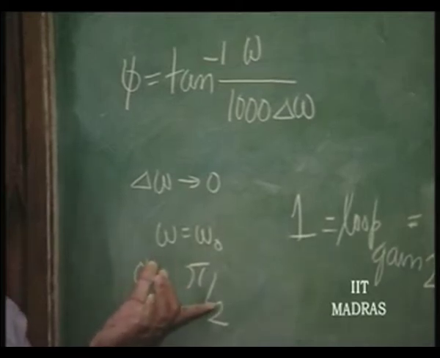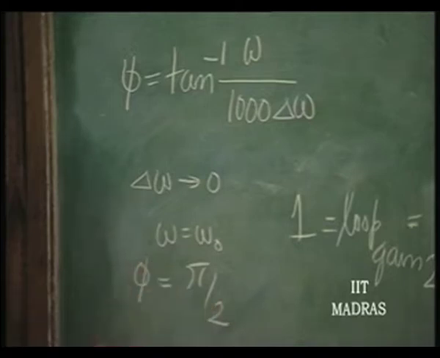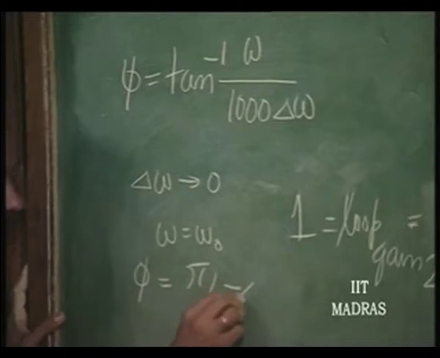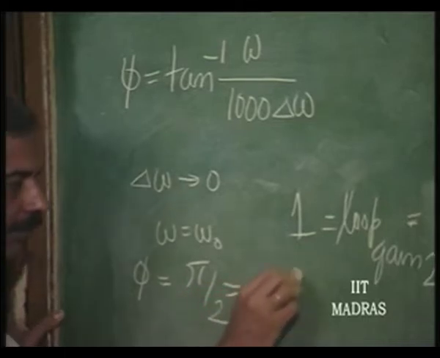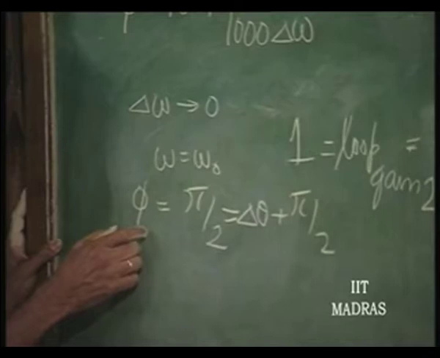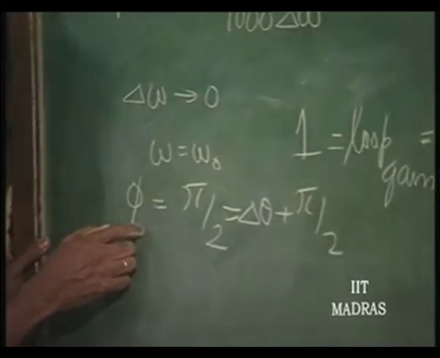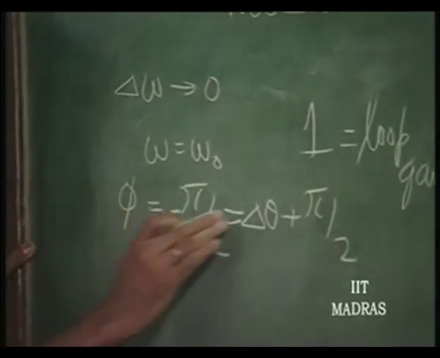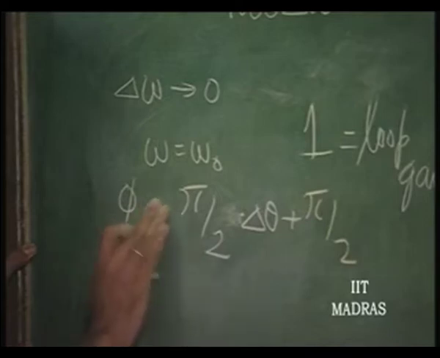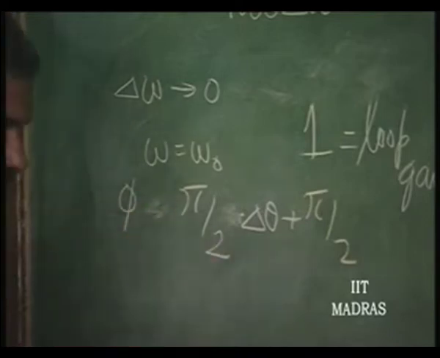As omega changes from omega naught, it keeps changing, right. We would like to know how much it is changing from pi by 2. So, we will put this as delta theta plus pi by 2. It is going to change to some phi. So, this phi is going to be put as around pi by 2.